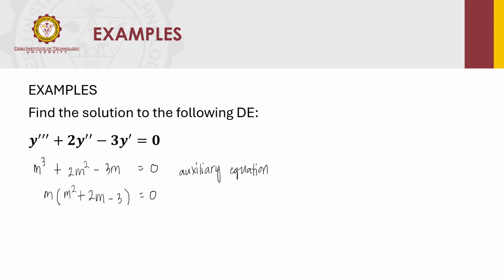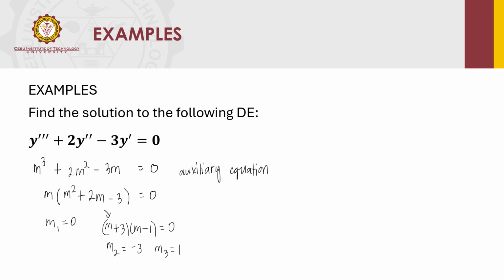Each factor is equated to 0. So m equals 0; our first root is 0. And this quadratic expression is equal to m plus 3 times m minus 1, by factoring. So we have the second m value, which is negative 3, and the third m value, which is positive 1. So all roots are real and distinct.